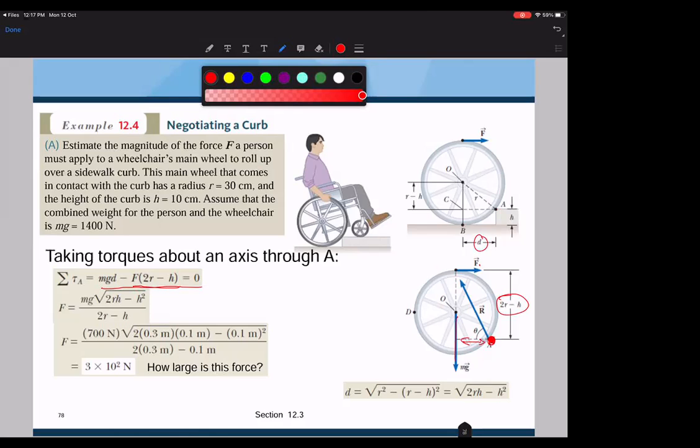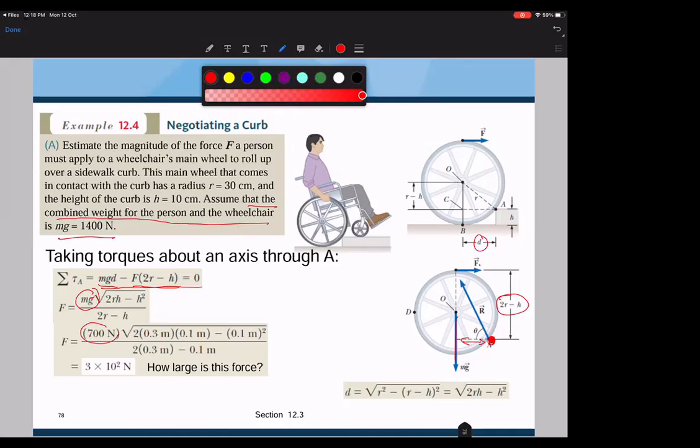One thing you should notice is that here, mgd, when it comes to the equation, it becomes 700 Newton. Notice that the combined weight of the person and the wheelchair is actually 1,400 Newton. So why does it become 700? Because your armchair has two wheels. So each wheel would take up 700 Newton.